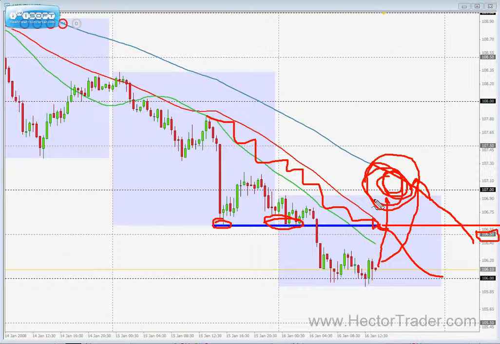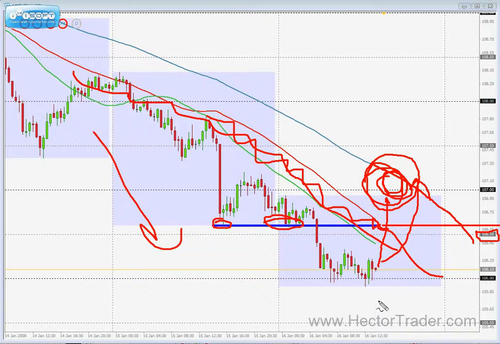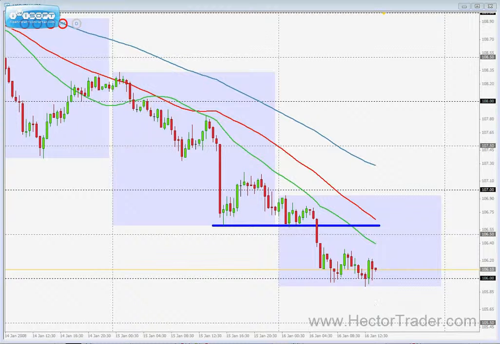As far as my system goes, it's a warning signal of weakness in any trend. You want to stay away from the 100 as much as possible. You want the dynamic area of resistance to hold price on the right side of the market, in this case meaning below, sorry.